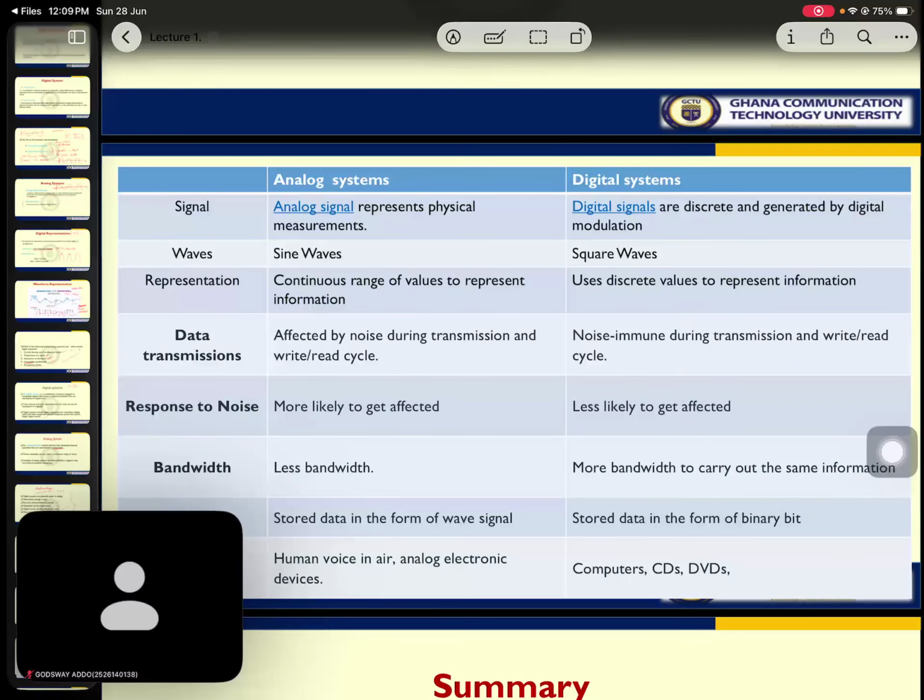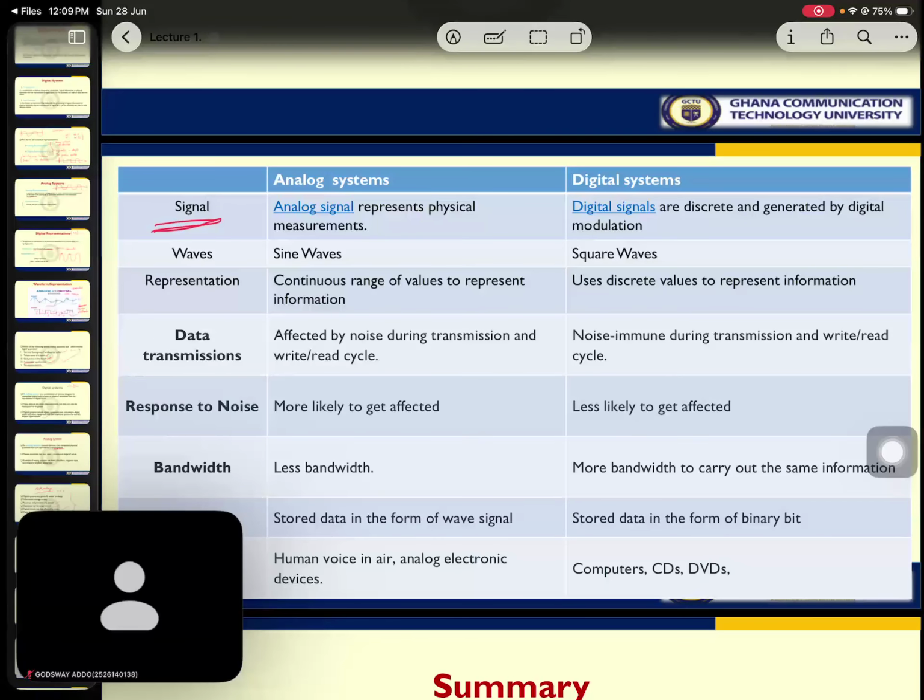So this is a table that shows the difference between analog and digital systems. We have studied this, but let's quickly go through it. In terms of signal representation, analog represents physical measurement. Digital is discrete and generated by digital modulation.